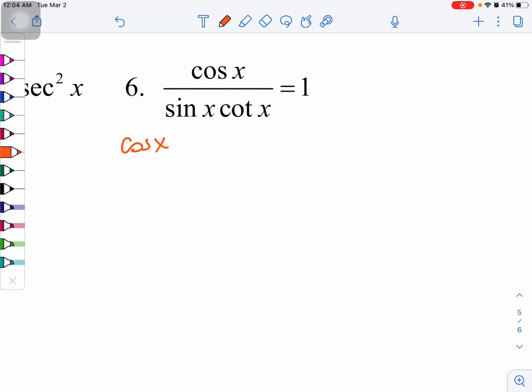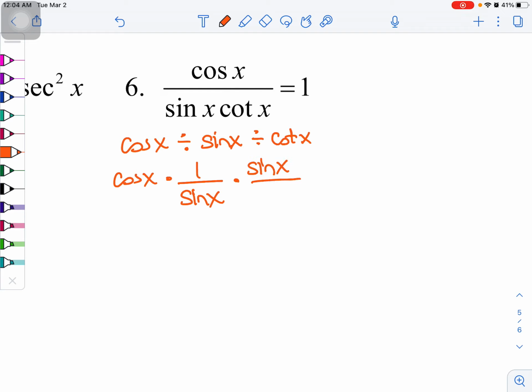All right, number 6. Number 6 is kind of a mess, but let me see if I can break this down. So we've got cosine of x divided by sine of x divided by cotangent of x. I think I got that all right. So let's see, that's cosine of x times 1 over sine of x.